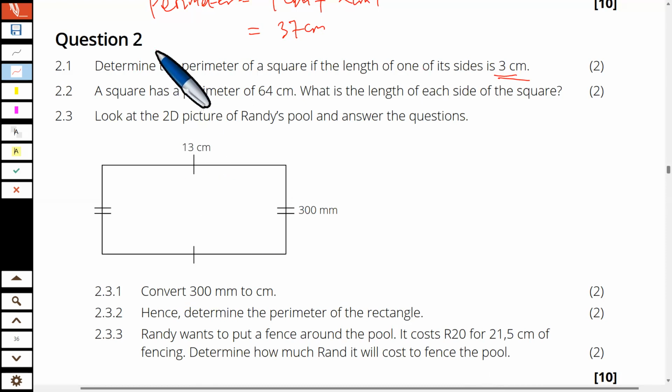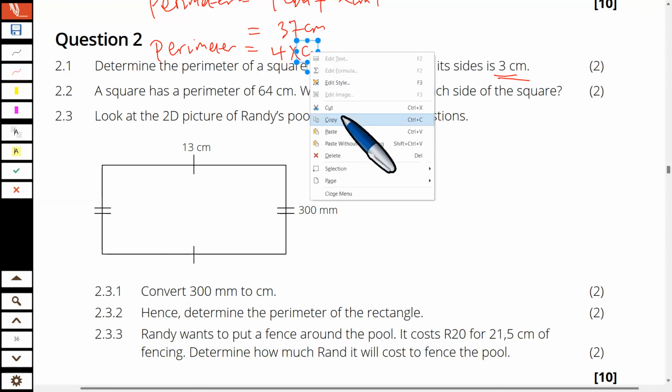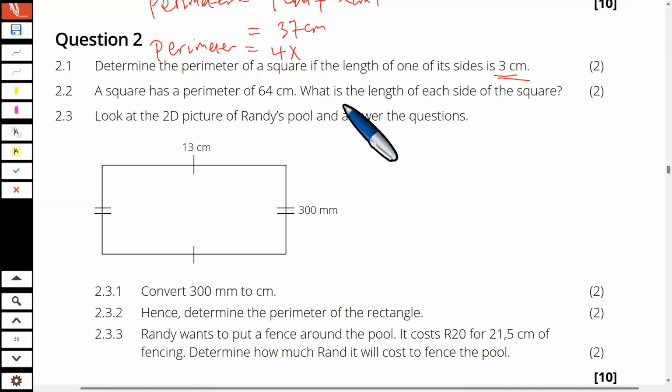So in 2.1, you're going to find the perimeter. The perimeter is 4 into 3 centimeters, because the length of one of the sides is 3 centimeters.